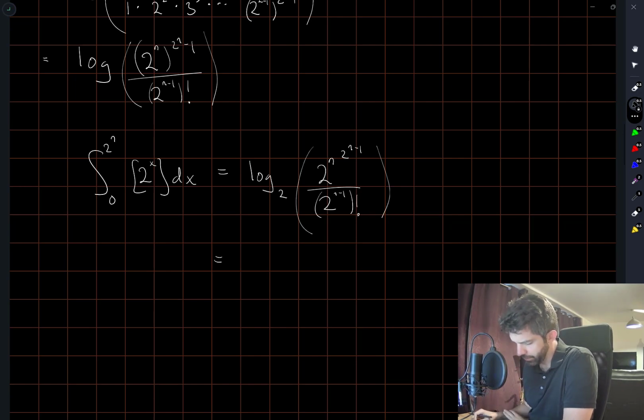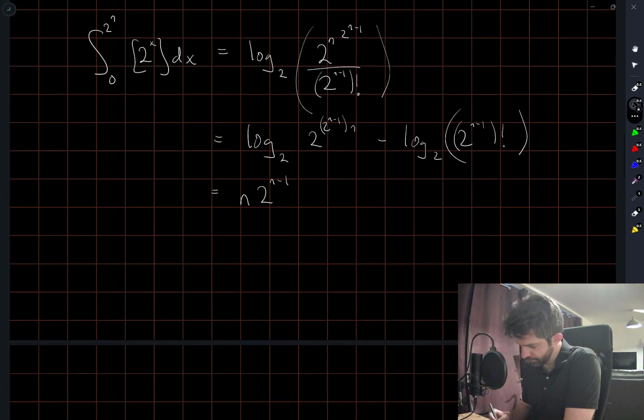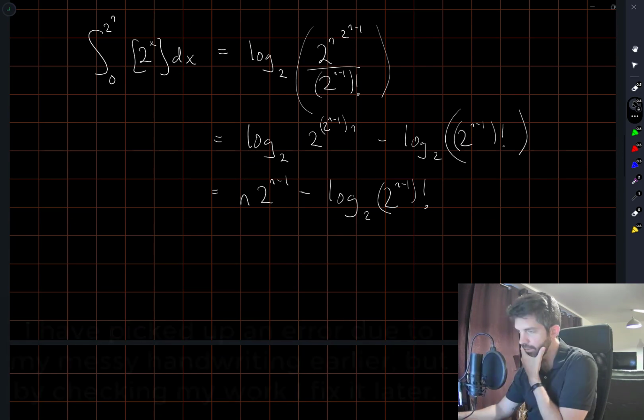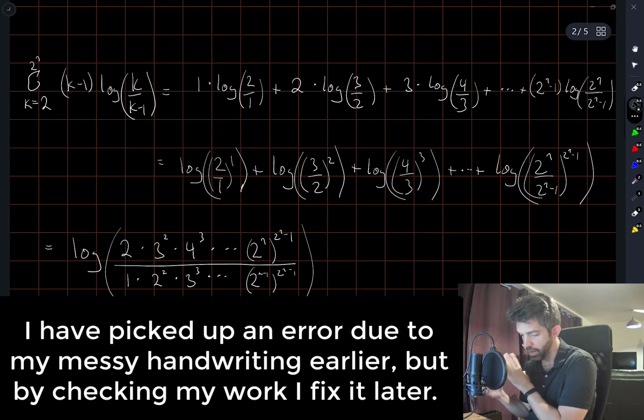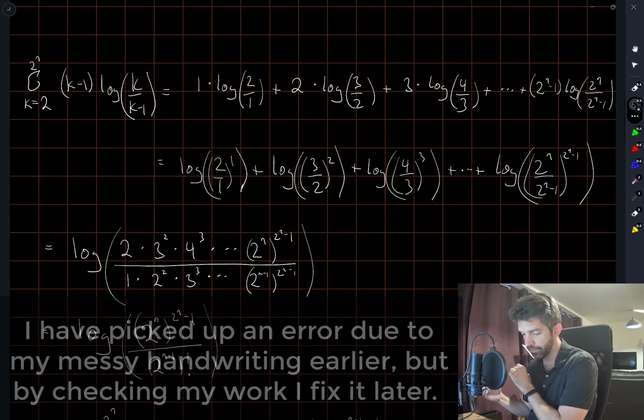But okay, so we should have some more rules of logarithm stuff going on here. I think I might see the answer as one of the available options. So this is very close to one of the available options, except that the exponents should be n, not n minus 1.